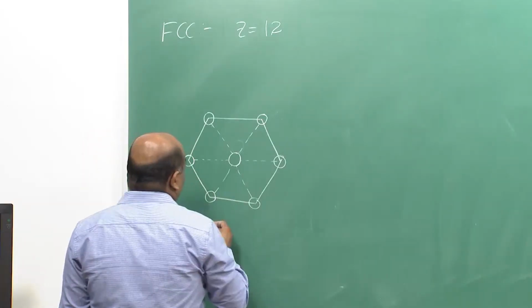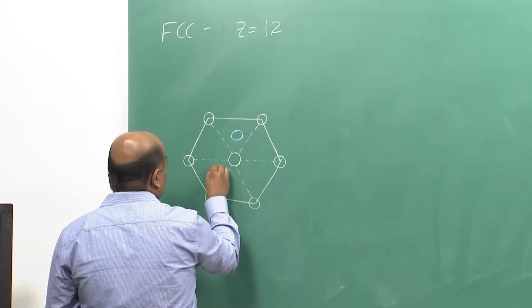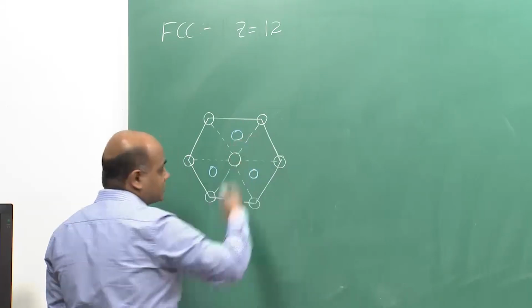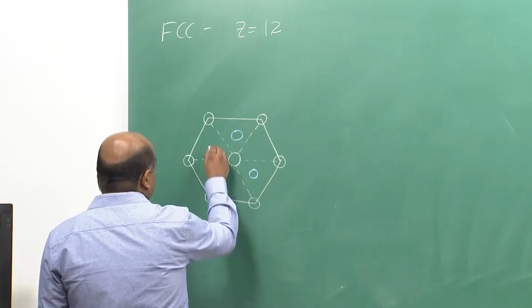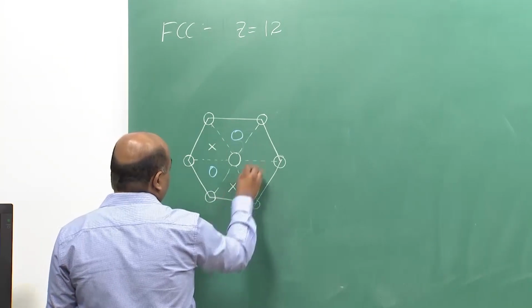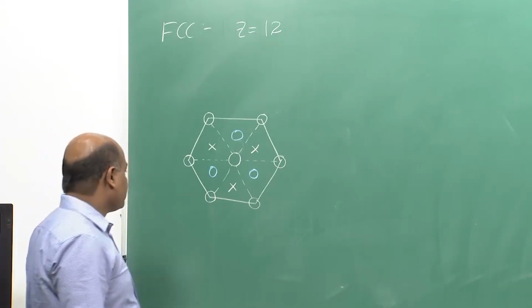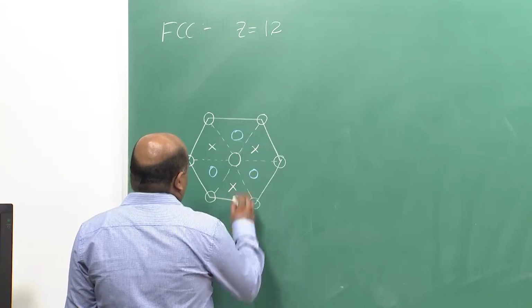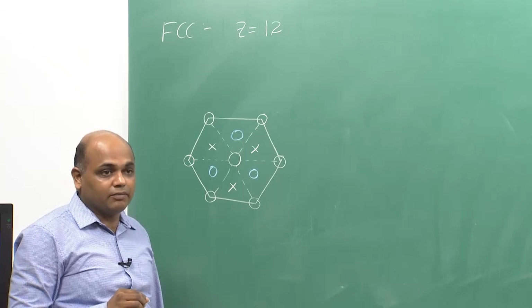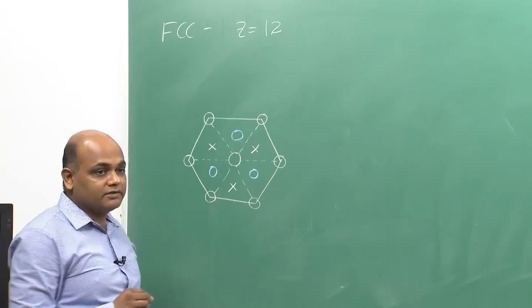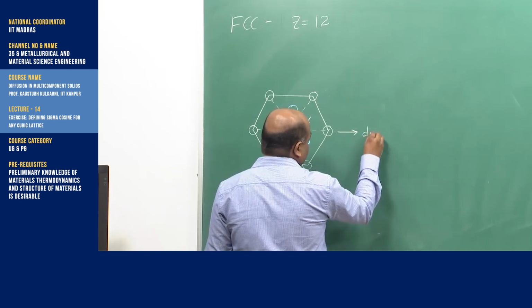And they are arranged in a way that 3 are on the top plane, the plane lying above this 1 1 1 plane, and 3 are in the plane below it, this way. So, how many different types of jump vectors are there depending upon the angle that they make with the diffusion direction? So, suppose our diffusion direction in this case is this one.